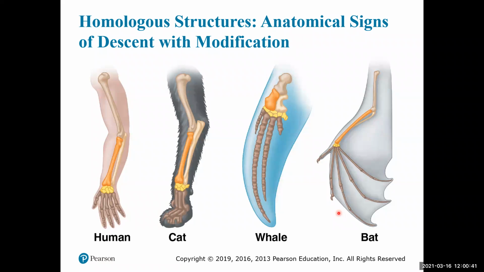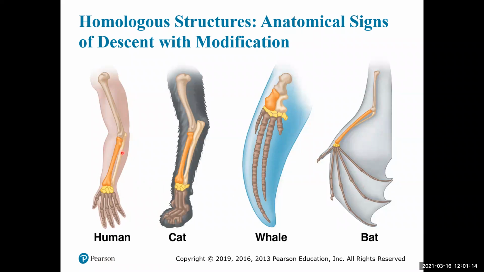And so we have this common structure that was passed down to all four of these groups via a common ancestor, but this structure has been modified through selection and evolutionary processes that lead to a different function, even though these structures are somewhat similar. So for the vertebrate forelimb, we have the human arm, the cat limb, a flipper on a whale, and then the wing of a bat.